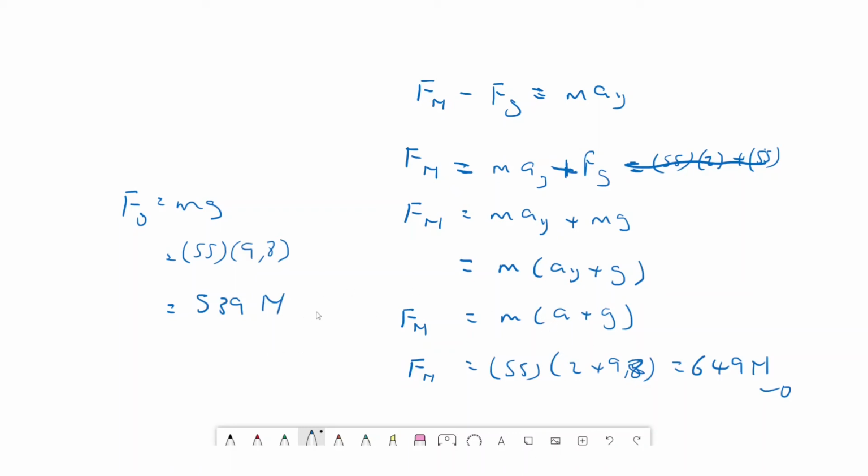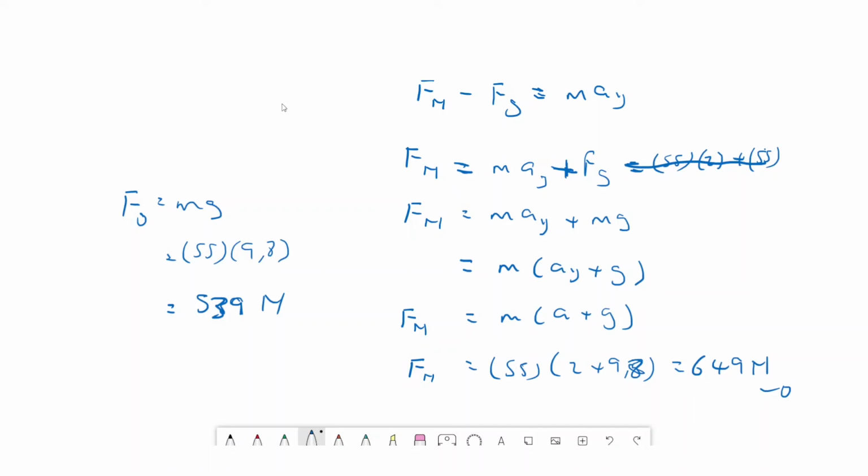Sorry, there's less weight because it's 539. So the weight is 539, but here the normal force is more. It's 649.